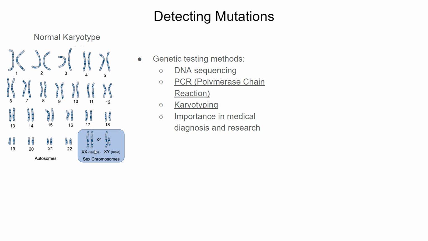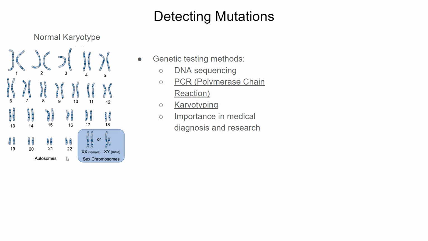Because females are represented by two X's, you would see them the same length, the same size there. But for a male, it will be obvious because we will have one long chromosome and then one short one. All right. So the rest of these, 1 through 22, are considered your somatic chromosomes or autosomes.